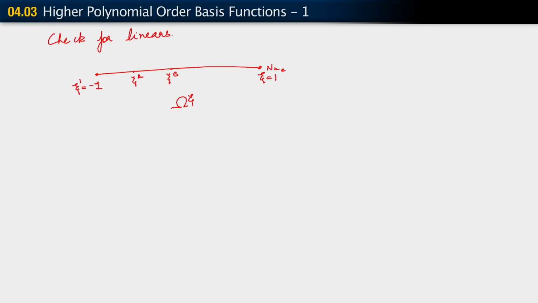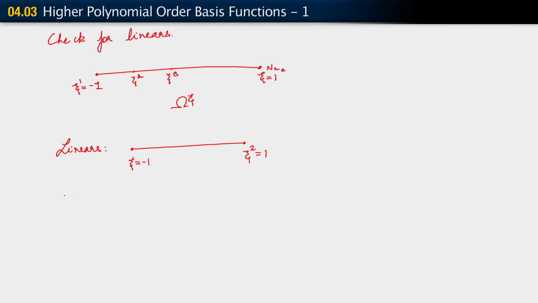So with this setting, for linears, we have just two of those nodal points. In this domain, we have ξ_1 equals -1, ξ_2 equals 1.